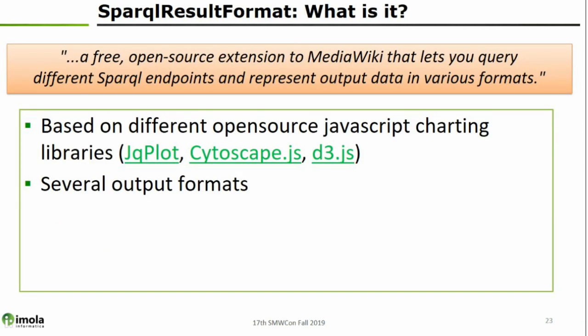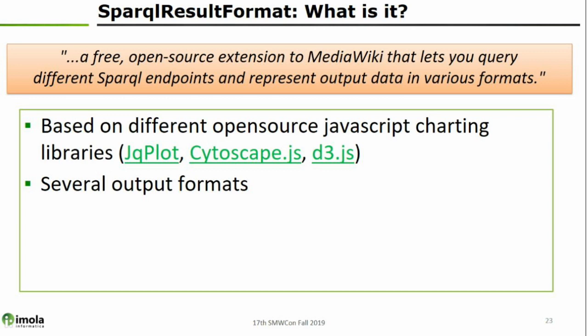I will talk to you about the Sparql result format. What is it? It's a free and open source extension to MediaWiki that lets you query different Sparql endpoints and represent output data in various formats. It's based on different open source JavaScript charting and visualization libraries like jQueryplot, Cytoscape.js, and D3.js.